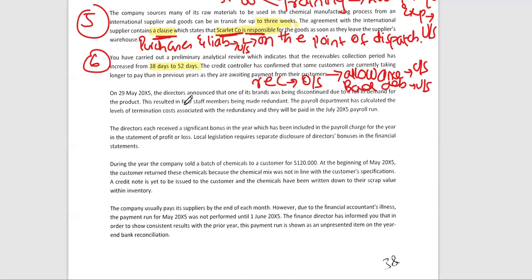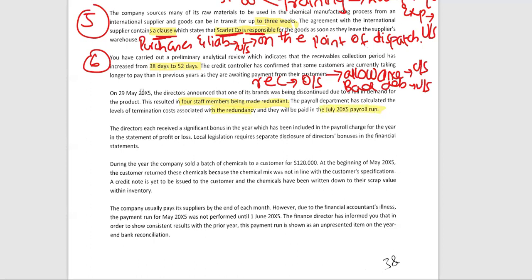Then on 29th May, the directors announced that one of its brands was being discontinued due to a fall in demand for the product. This resulted in 4 staff members being made redundant. The payroll department has calculated the levels of termination cost associated with the redundancy, and they will be paid in the July 20x5 payroll run.